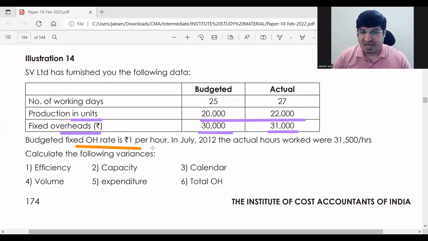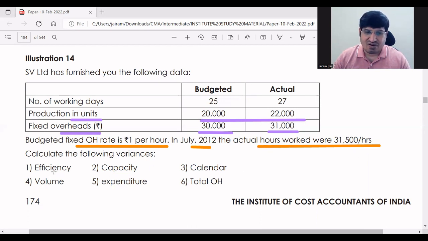Budgeted fixed overhead rate is 1 per hour. ठीक है, so budgeted rate and standard rate are the same. Okay, ठीक है, we've discussed this previously. In the month of July, actual hours worked were 31,500 hours. So they have given us the actual hours worked.